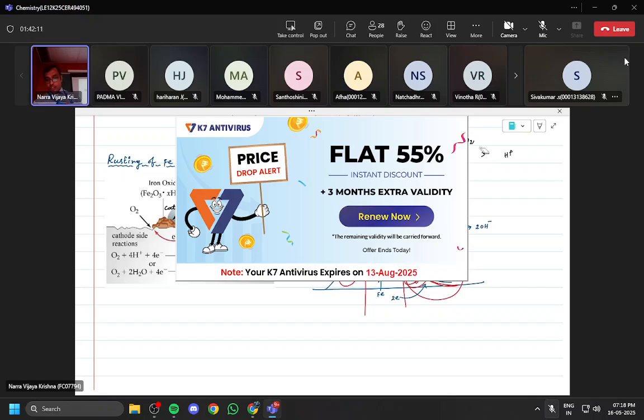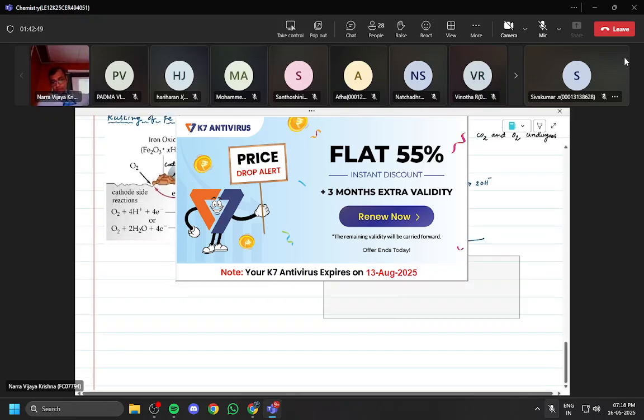So iron in contact with water, which is in contact with atmospheric gases, with dissolved carbon dioxide or dissolved oxygen, can undergo oxidation. Both acidic medium as well as basic medium will enhance the rate of corrosion.